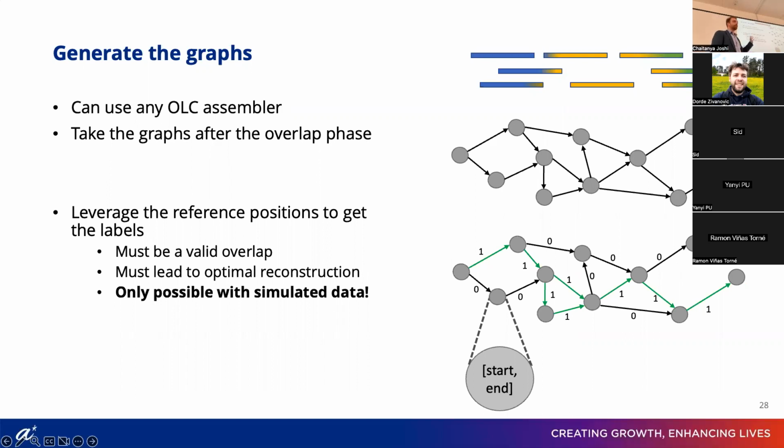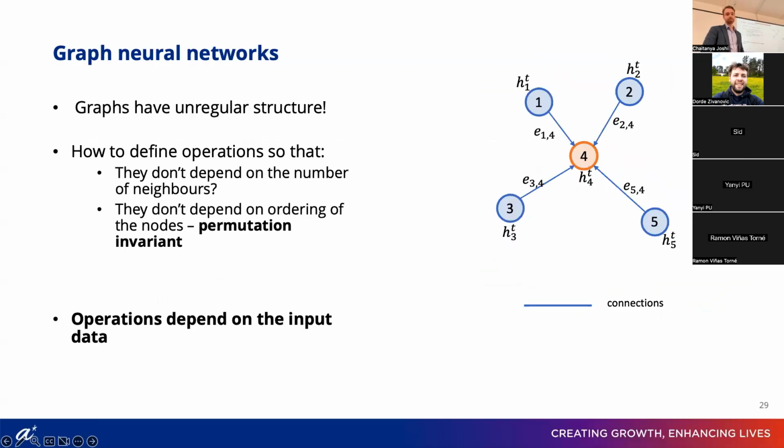And then we leverage those positions that we saved during the read simulation phase to construct the labels, which, as I said, is only possible with simulated data. But even reads simulated from the same chromosome will produce somewhat different graphs, so you can train on more instances simulated from the same chromosome. That's something that's fairly interesting, actually, as you'll see later.